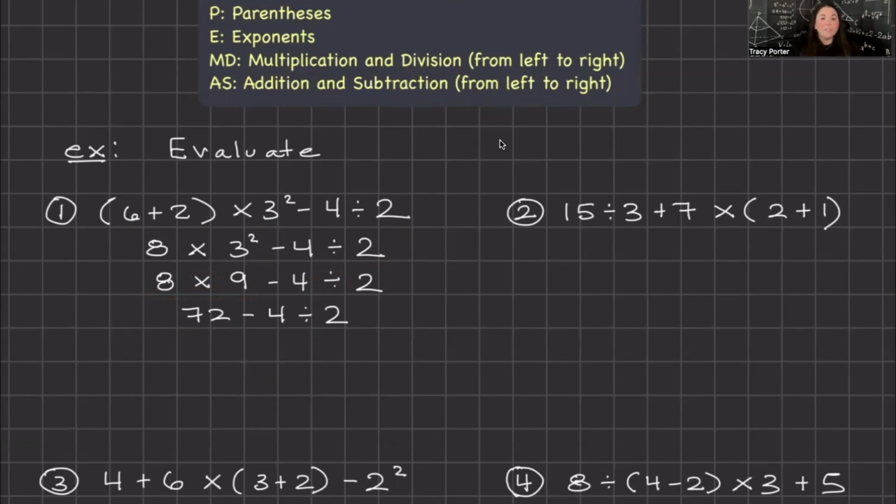Next, do we still have any multiplication or division? We have another one right here. This actually has to happen before the subtraction. You can think of it as -4 divided by 2, or you can think of it as 4 divided by 2 and then that negative will still be there. In any case, you're going to get 72 minus 2. And when we subtract 2, since that's all that's left, your answer is just going to be 70.